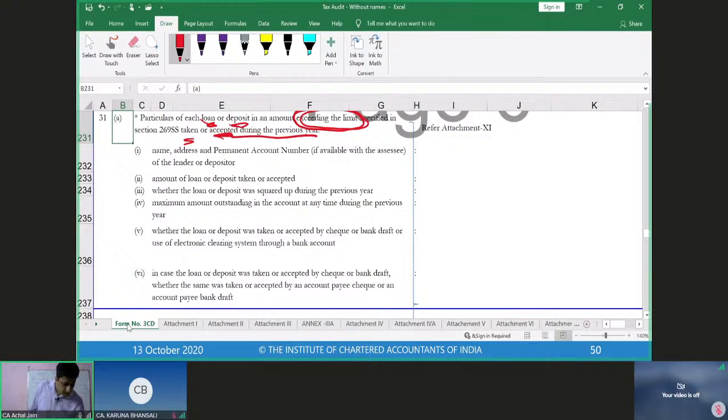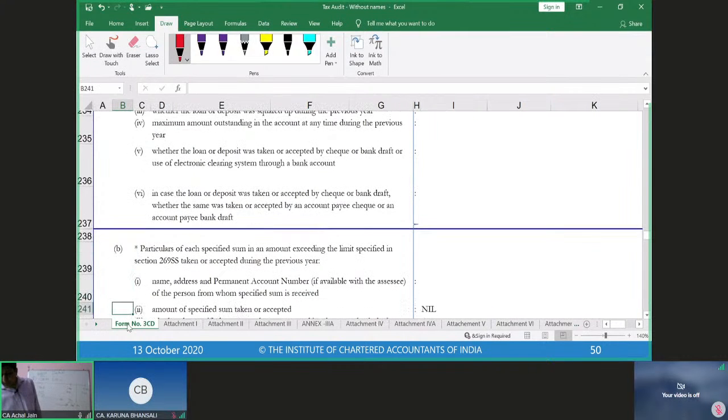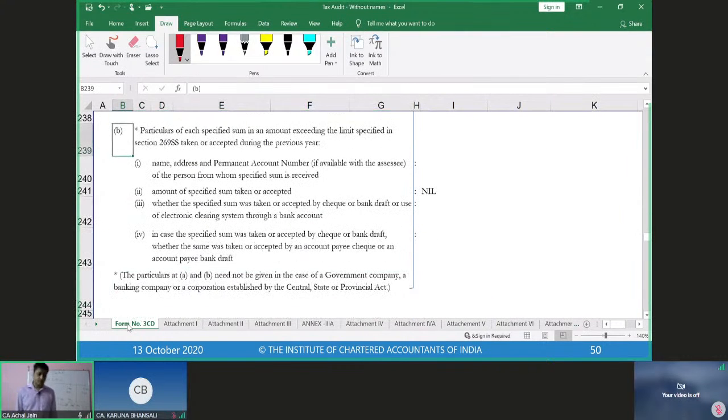So now moving further on to some of the requirements which are related to this clause that we have discussed. Most of the requirements you will see similar to this. So after 31A comes 31B. So what does it require? It says particulars of each specified sum in an amount exceeding the limit specified in 269SS taken or accepted during the previous year.